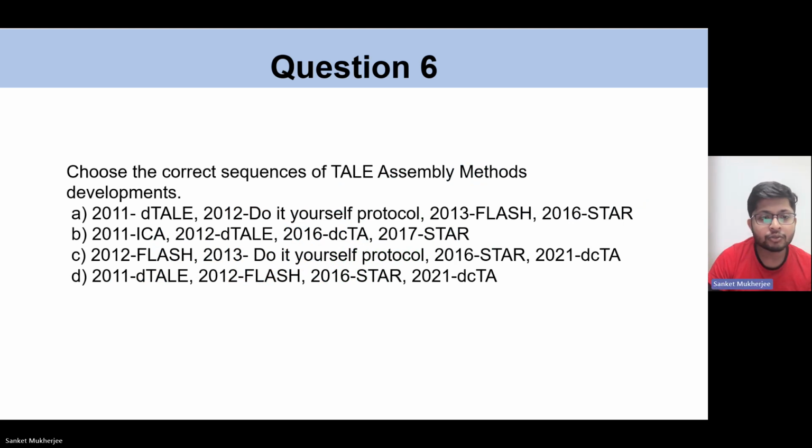Or is it 2011 ICA, 2012 DETAIL, 2016 DCTA, 2017 STAR? Or is it 2012 FLASH, 2013 Do It Yourself, 2016 STAR, and 2021 DCTA? Or is it 2011 DETAIL, 2012 FLASH, 2016 STAR, and 2021 DCTA?